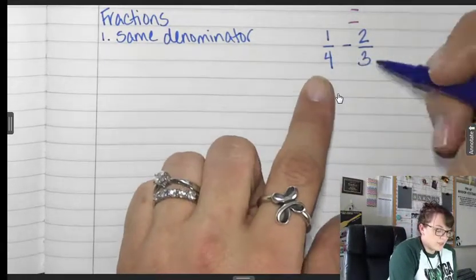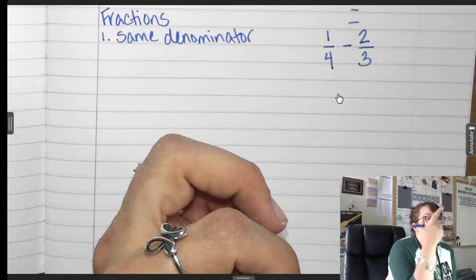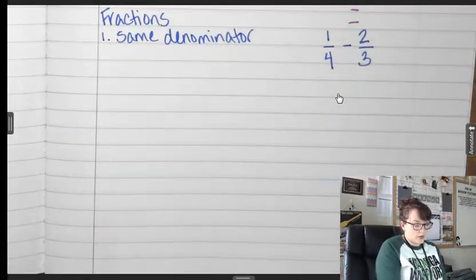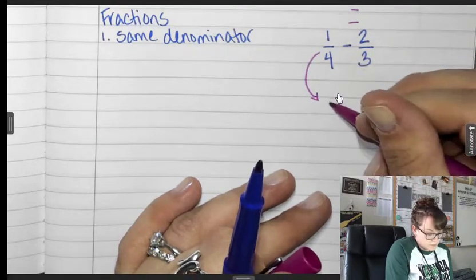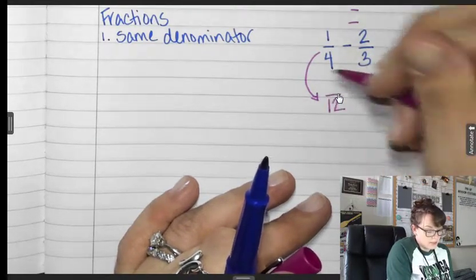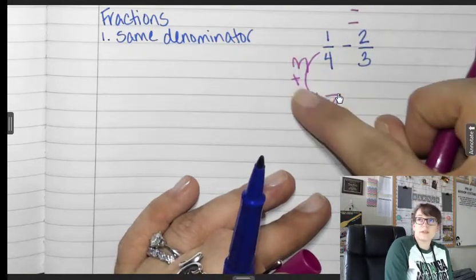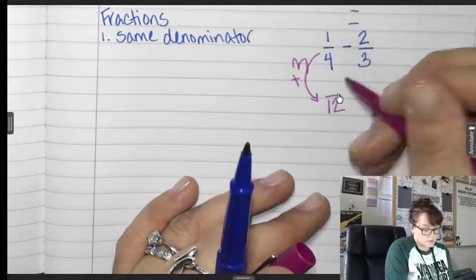What do 4 and 3 have in common? Yes, 12. So what do I do to 4 so that there's a 12 on the bottom? Multiply it by 3. So this is a times 3 portal. So if 4 times 3 is 12, 1 times 3 is 3.